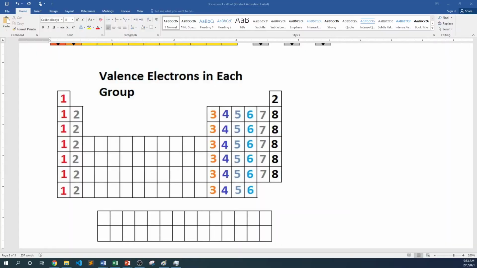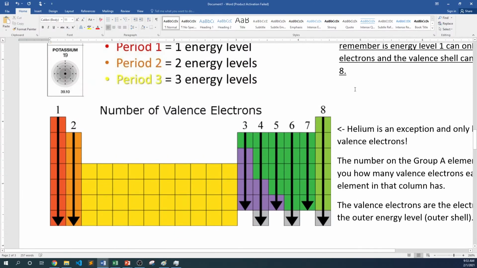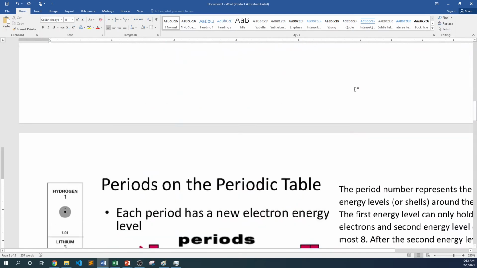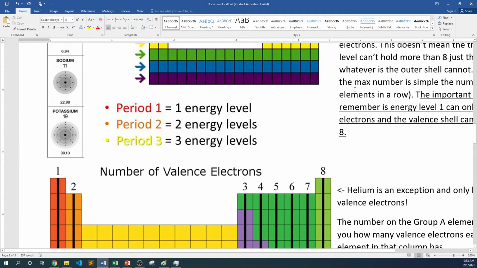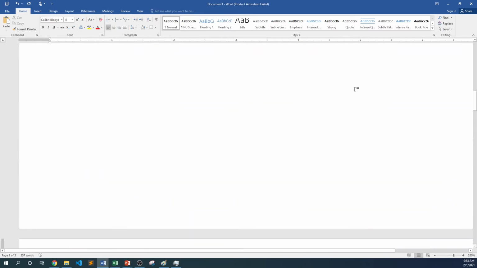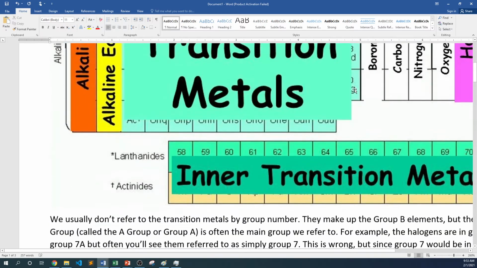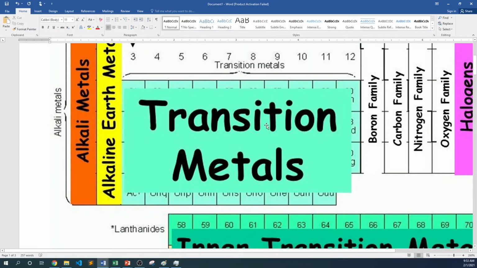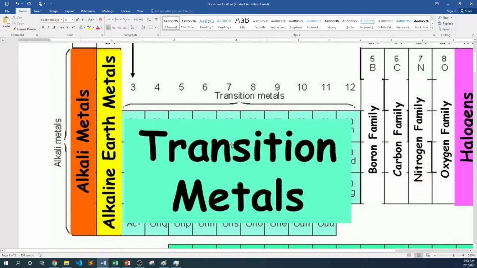I got a question. The transition metals. What kind of benefits come from them? How many valence electrons do those have? 2.